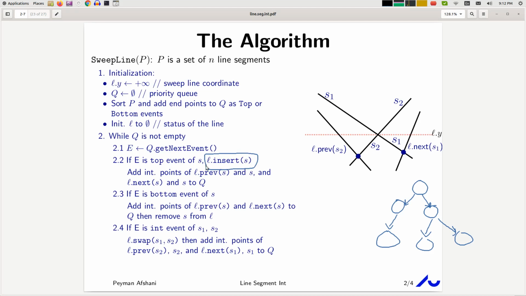If it is a bottom event, we remove S from the red-black tree, and over here we have the swap operation. And the swap operation can obviously be implemented with an insertion and deletion. So here we have just insertion, here we have a deletion, and here we have both. So at every event point, this data structure changes by insertion, deletion, or both.